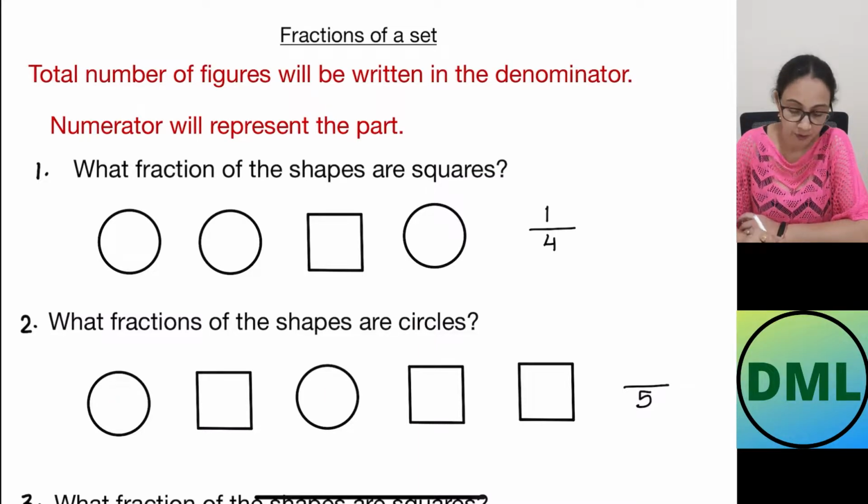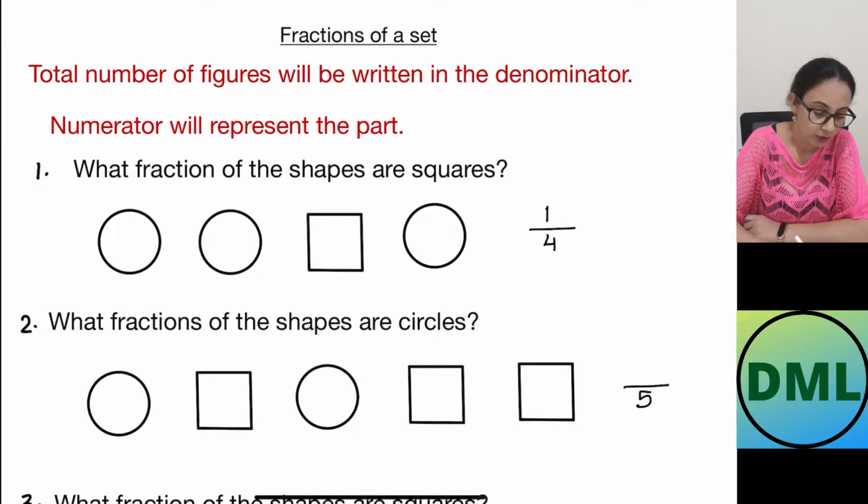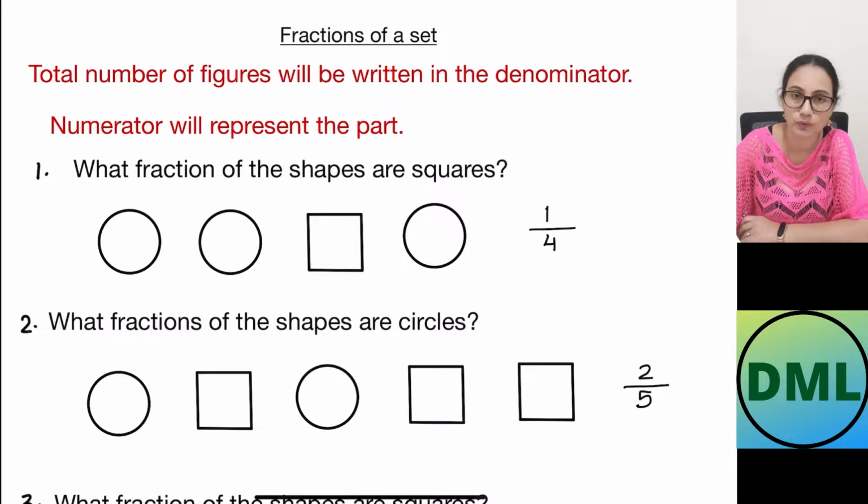So out of 5 we have 2 circles. So 2 will come in the numerator. So I will write down 2. So that means 2/5 of the shapes are circles. That means out of these 5 shapes, 2 shapes are circles. Now let's see one more example.